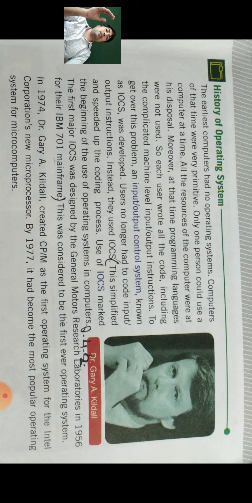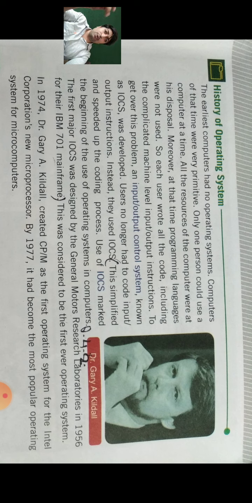To get over this problem, an input output control system known as IOCS was developed. You can see the meaning of IOCS here. Input output control system is known as IOCS.